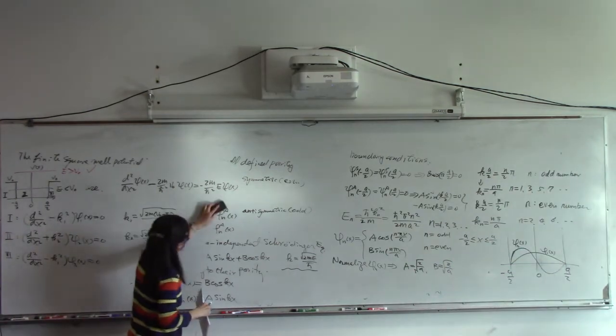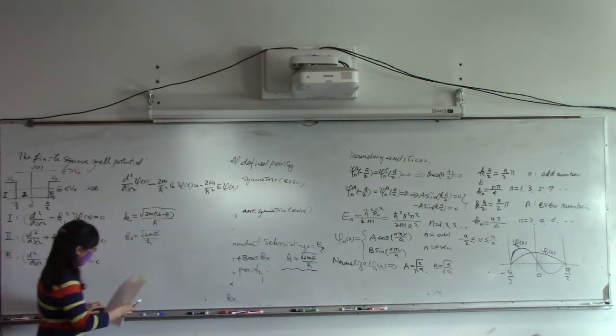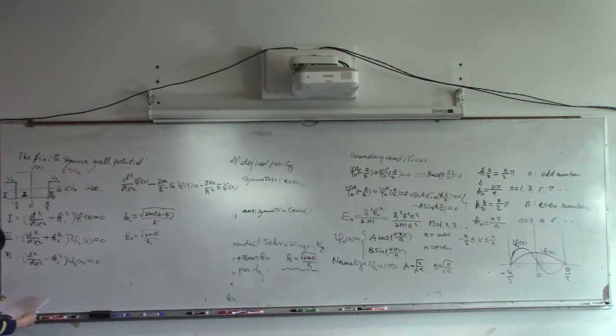Then for each one we know the solution, right? Okay. Let me first give a general solution. Then we are going to use quantum mechanics and symmetry to analyze which one we are going to select.